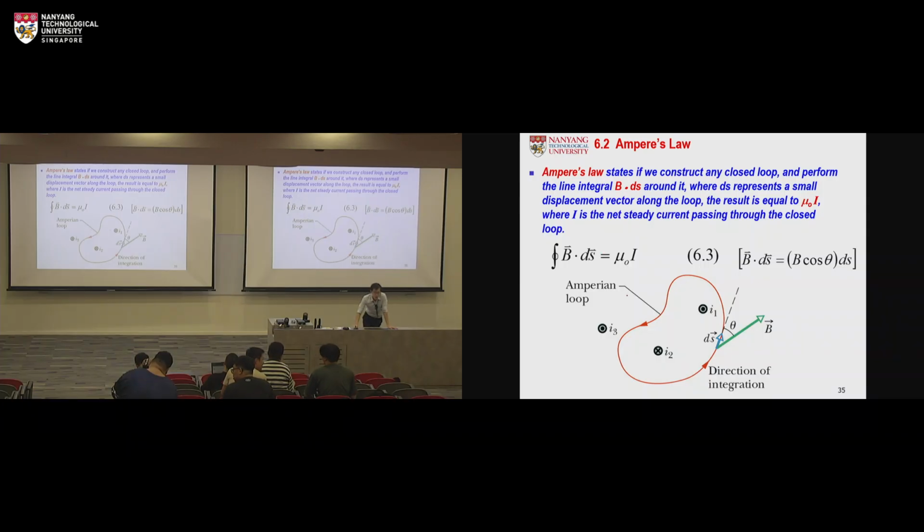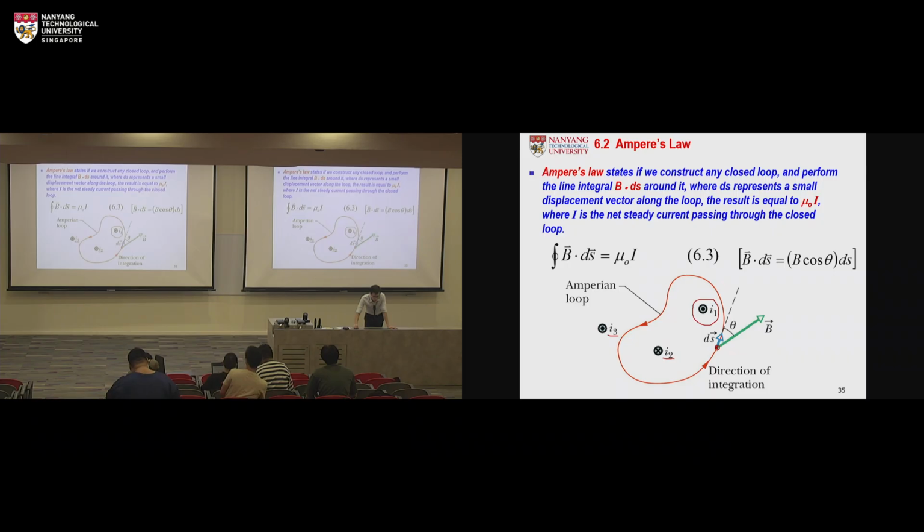And Ampere's law basically tells you, if you have, let's say, multiple current sources I1, I2, I3, and you need to figure out the B at a certain point, all you need to do is construct an Ampere's loop.